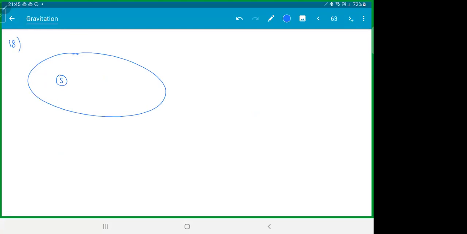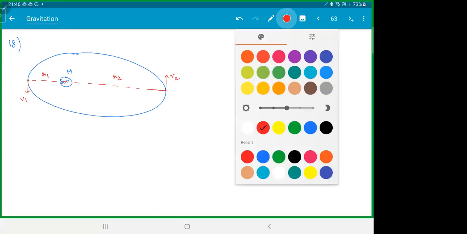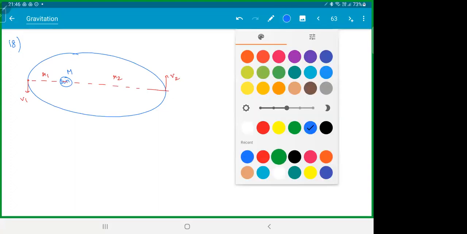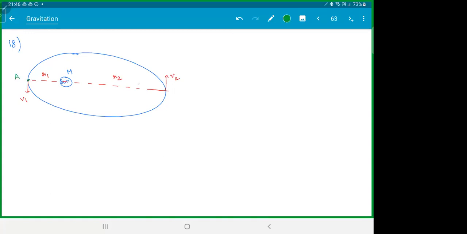So we have a satellite here. The sun's mass is m. And we have a satellite going in an elliptical orbit. Let this distance be r1, let this distance be r2. At this point the speed is v1, at this point the speed is v2. This is point A and this is point B. A is the closest distance.